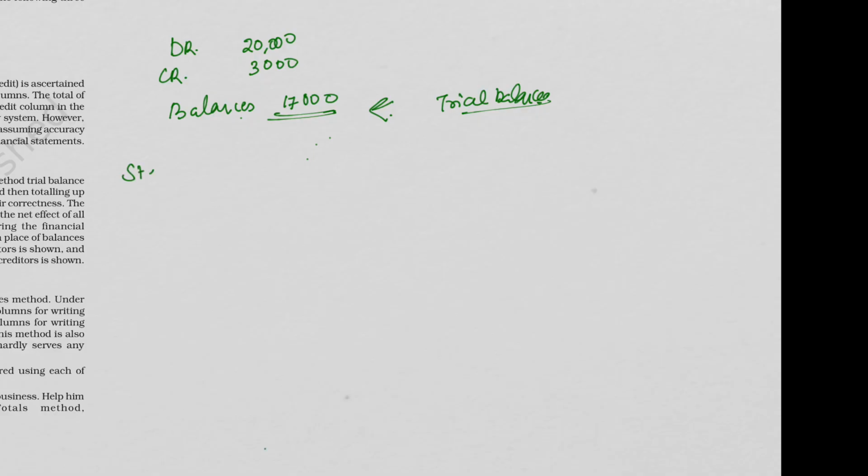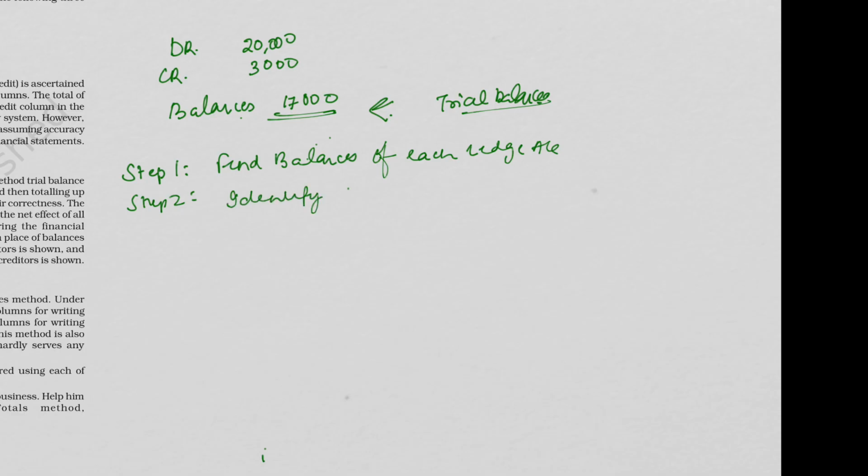Now let's see the steps to prepare a trial balance using the balances method. Step 1, we have to find the balance of each ledger account. Step 2, we have to identify whether the balance is debit or credit. Step 3, we have to write the account name.